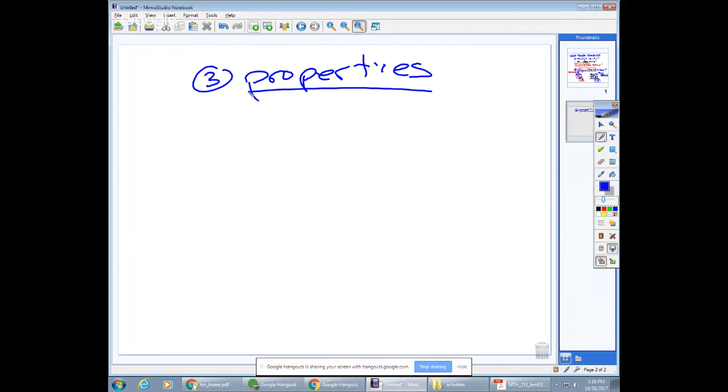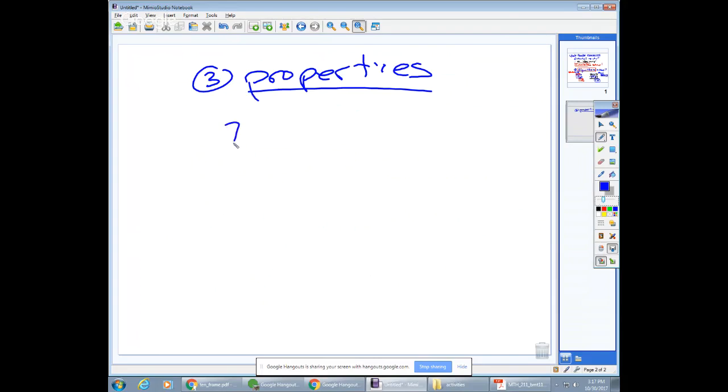So a property is something that's common throughout the system. So for example, is there anything special about addition that you recall? Something we might call a property of addition. Like, what's the easiest number to add? 0 is the easiest number to add.